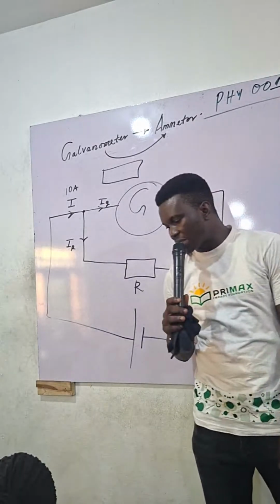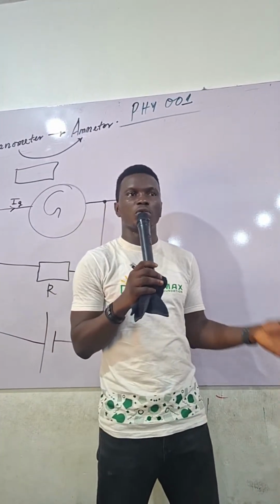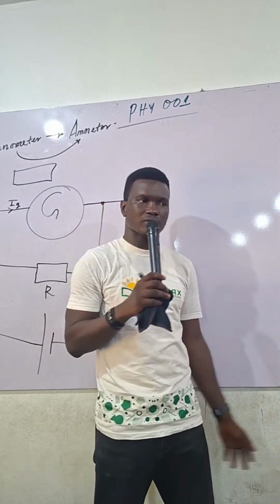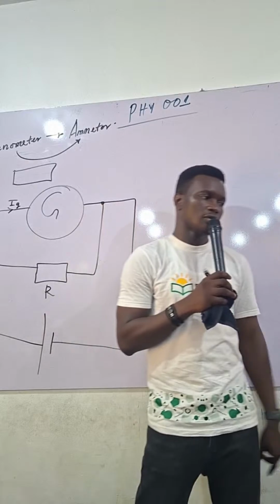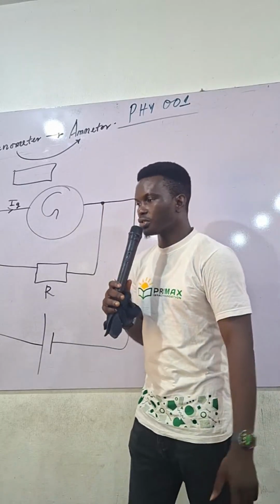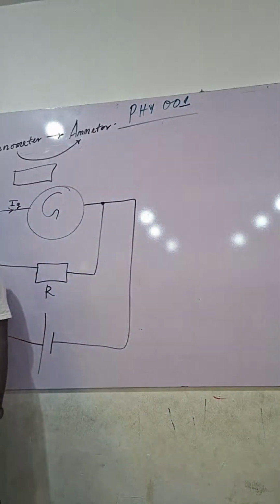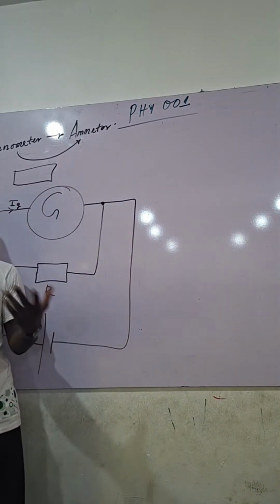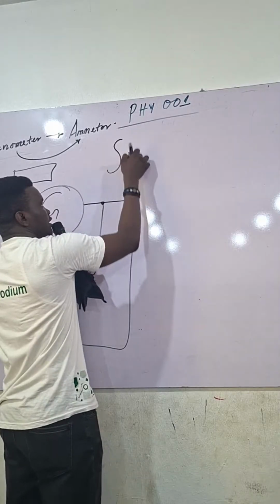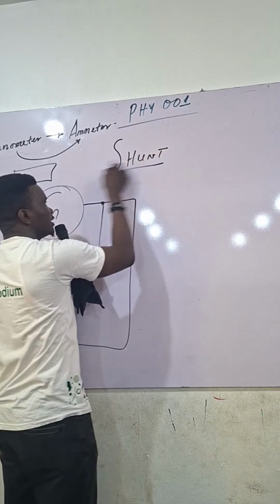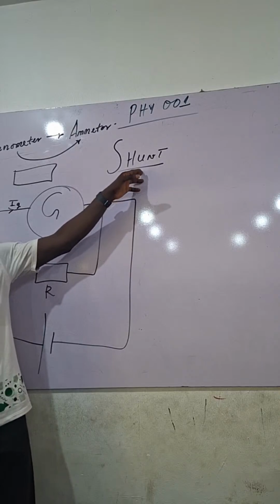I said to convert a galvanometer to an ammeter, a low resistance resistor must be connected in parallel. This is called a shunt. Is that taken?